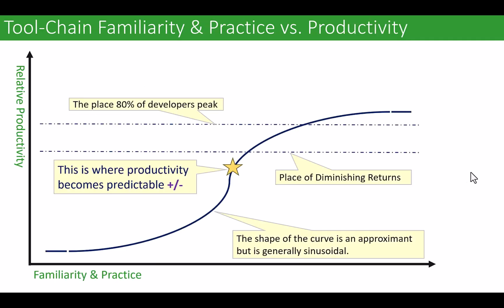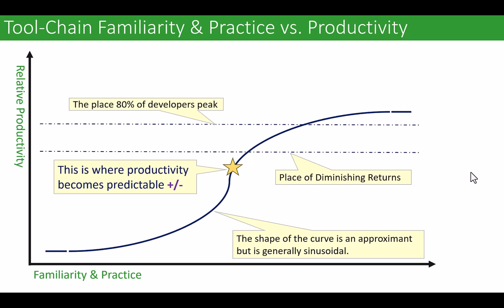And I wanted to show why toolchain familiarity is important. I went looking for some stats on this. I saw a whole bunch of different data from different time periods. It doesn't seem to change much. Fundamentally, all of the curves render a sinusoidal sort of pattern, as you see here.